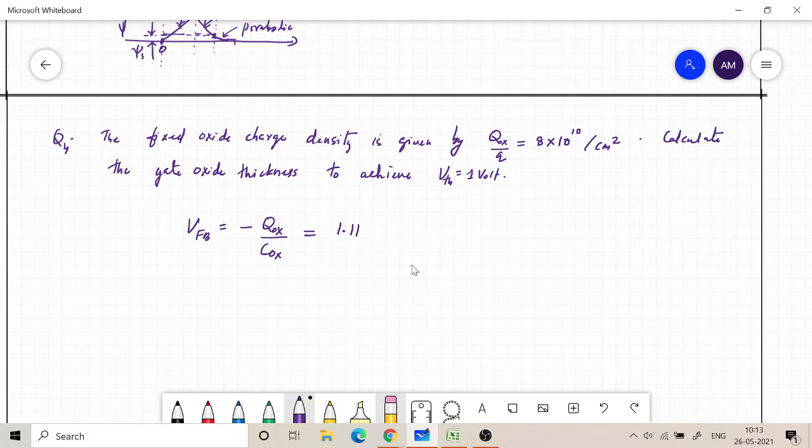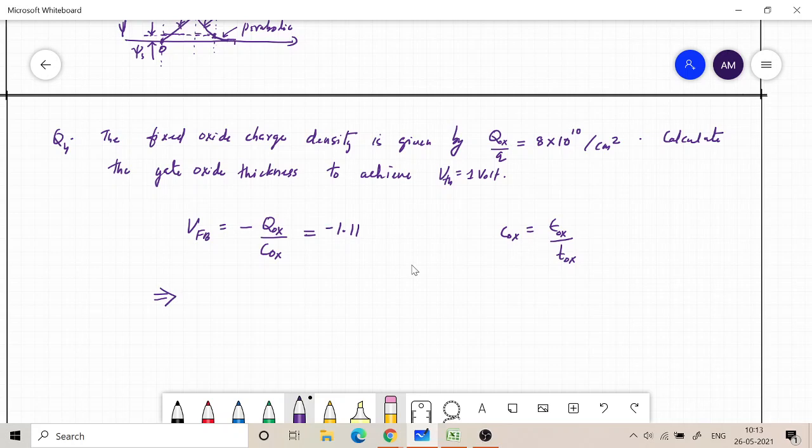Okay, so if it has to be 1.11, then how much should be the TOX? So COX, as we know, is basically epsilon OX by TOX. So if I write, this should be minus 1.11.